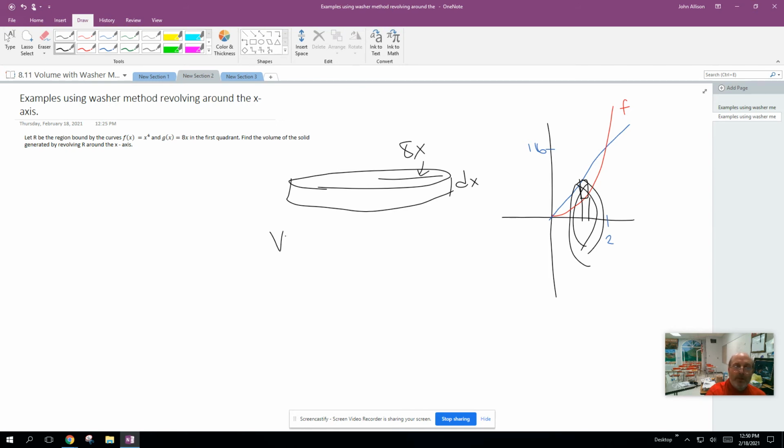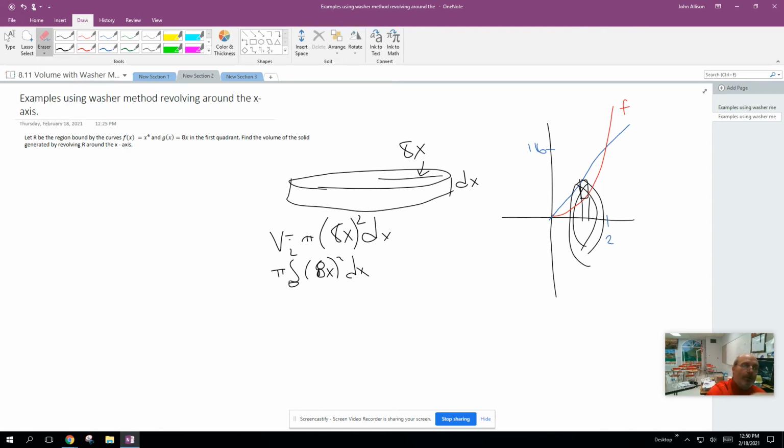And so the volume of one of these disks is going to be pi times the radius squared times dx. The volume of all of those disks integrated from 0 to 2 is going to be pi, bring out because it's a constant multiple. We could just leave the 8x in there squared times dx, or we could square it and do 64 on the outside times the integral of x squared dx. Either way is fine. But that's the volume of the large disk.